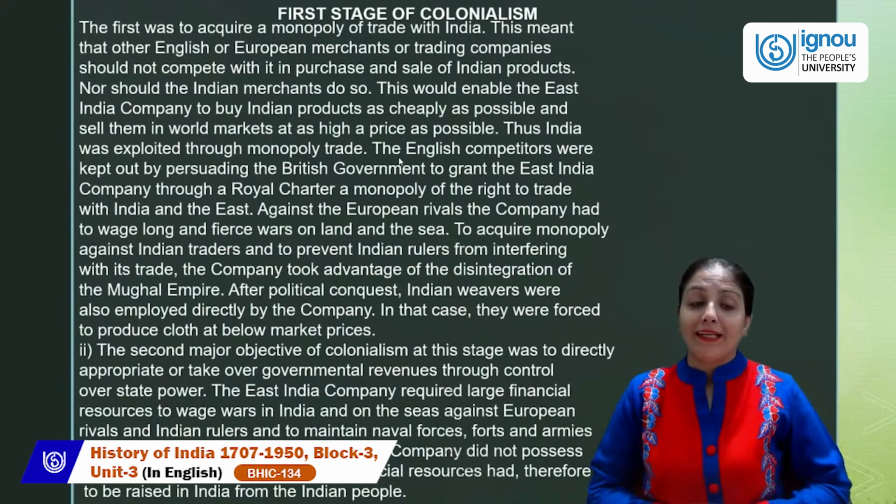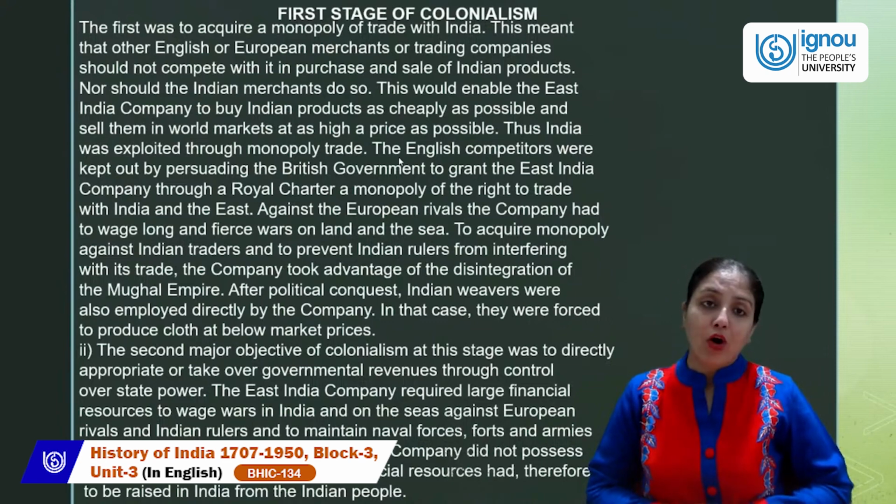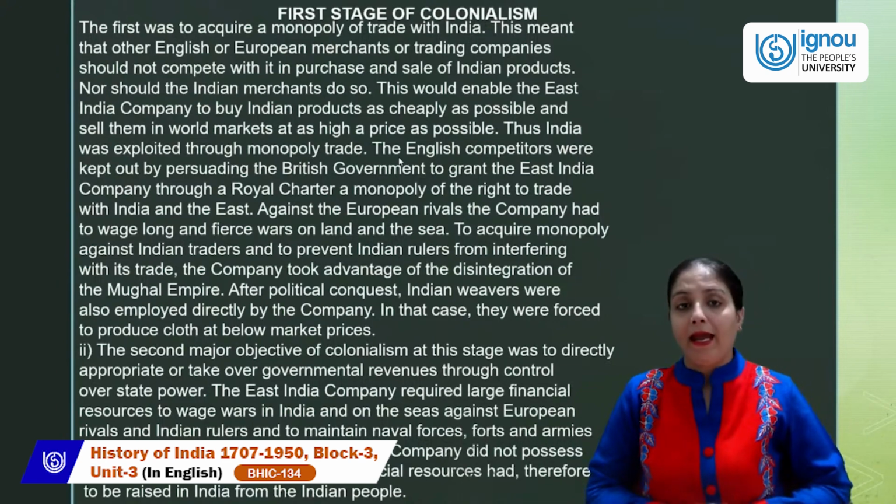That's why India was exploited through monopoly trade. This was the sharpness of the East India Company: it bought Indian products very cheaply and sold them in the world market at a very high price. That was the main exploitation.